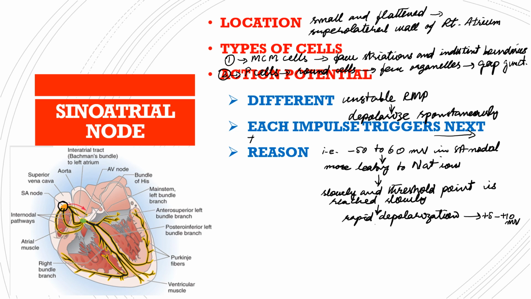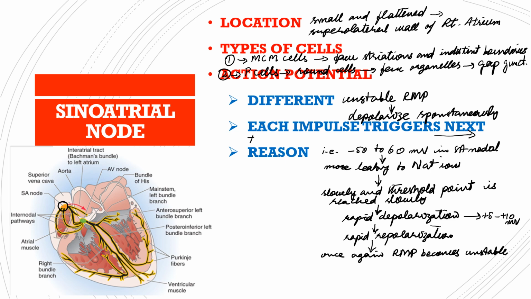This rapid depolarization is followed by rapid repolarization, then once again RMP becomes unstable.